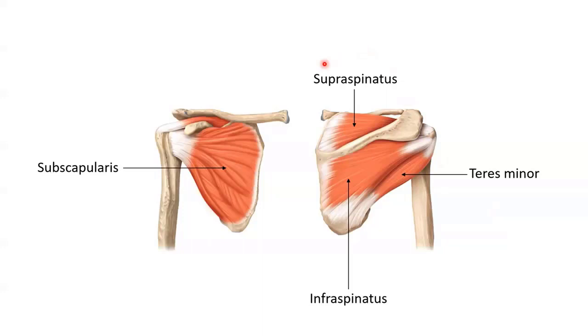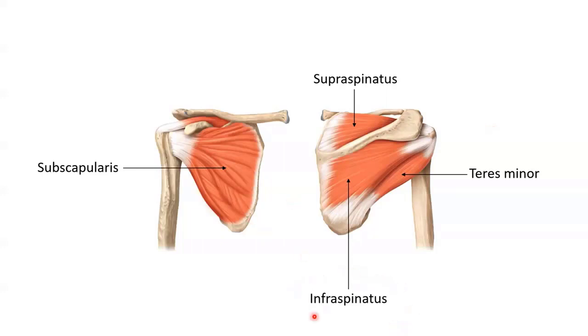So our supraspinatus sits in our supraspinous fossa of the scapula, and it inserts onto the greater tubercle of the humerus. So remember, that was the projection that sits laterally on the top side of the humerus. When this muscle contracts, it raises the arm out to the side in abduction.